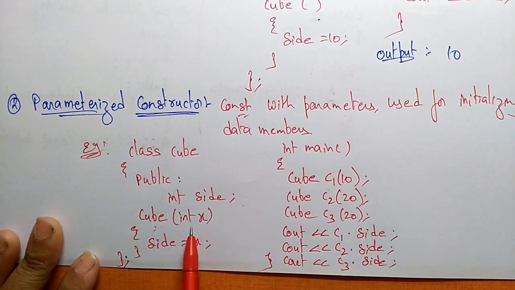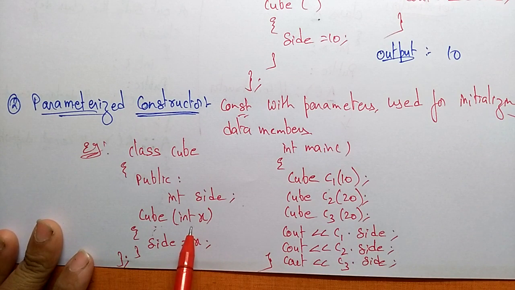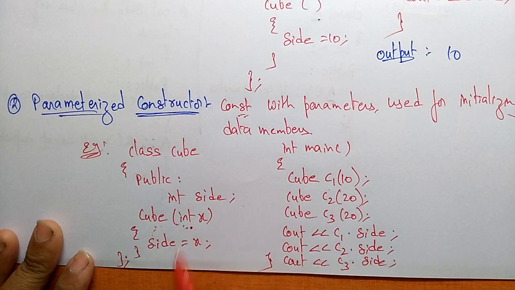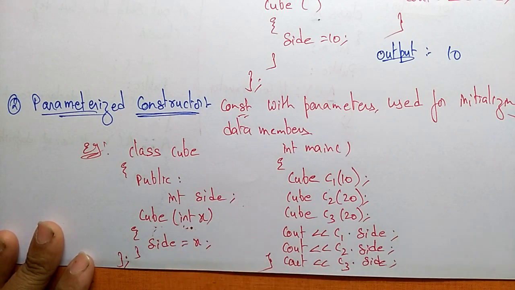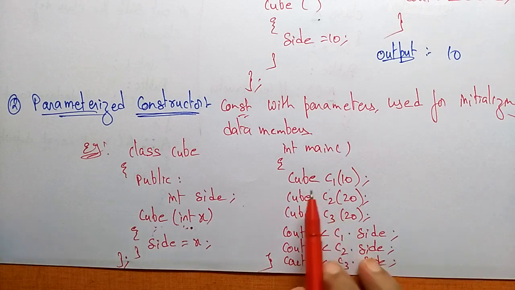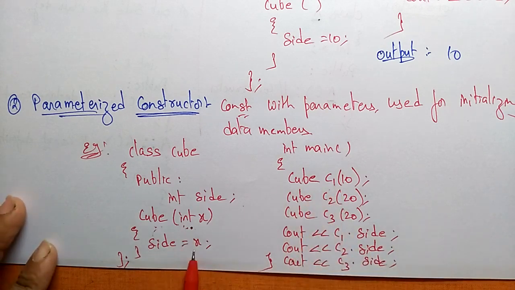Here I'm just calling the constructor. The constructor I declared already is a constructor with parameters, with data type int. Cube is the class name and C1 is the object. With the object I'm calling the constructor. As I already said, as soon as the object is created, the constructor is called, which initializes the data members. So it executes side is equal to x.